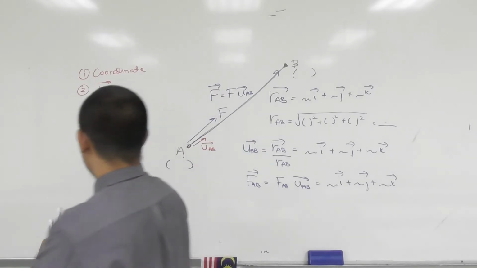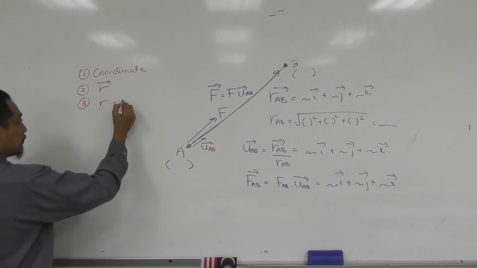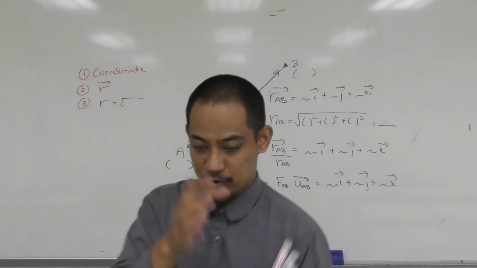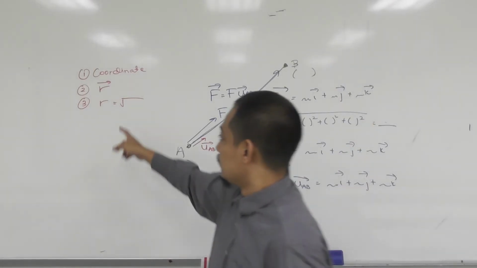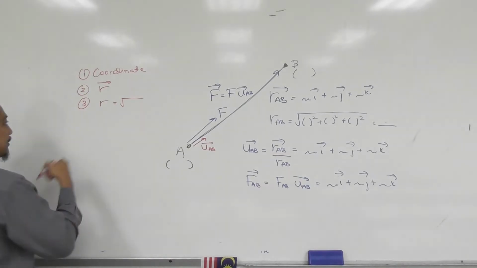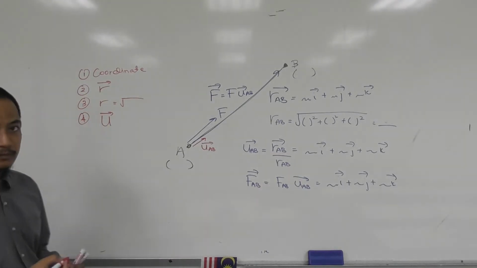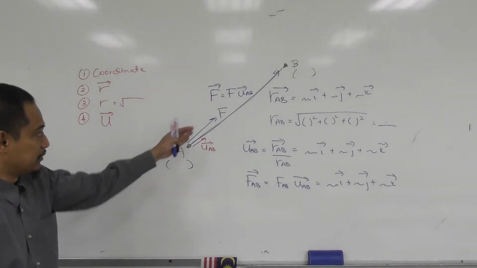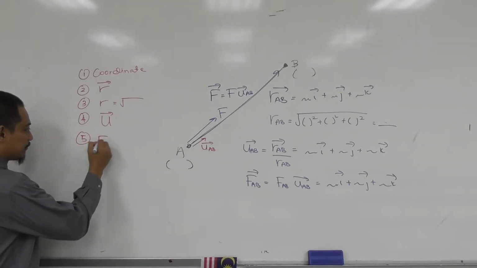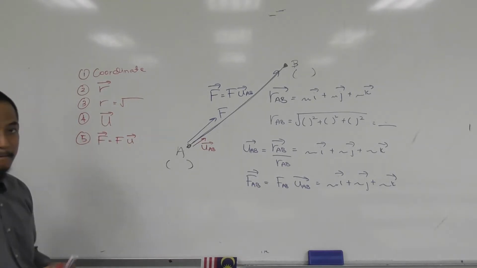You get R. Once you get R, then the magnitude of R you can get by the square root of the sum of the squares of the components of vector R. Based on these two, you can get the unit vector along the line of action. From there, F vector is just F times the unit vector, right?